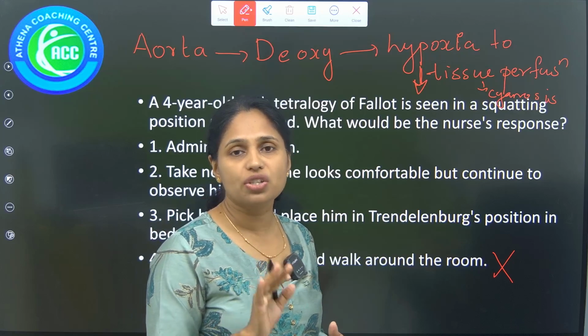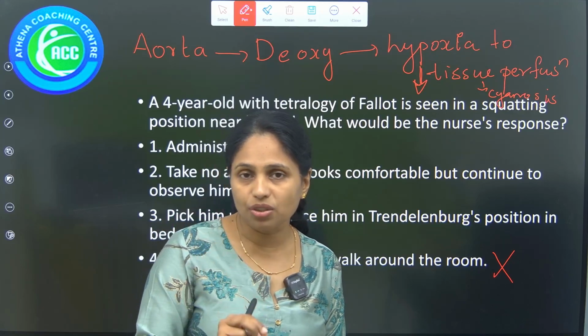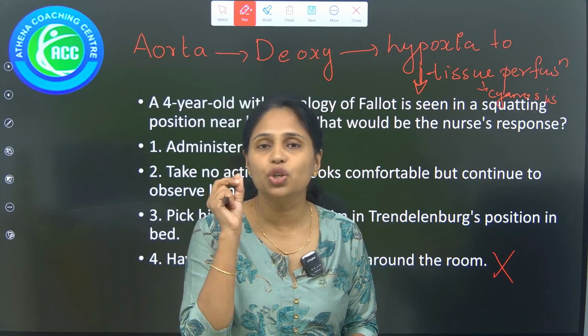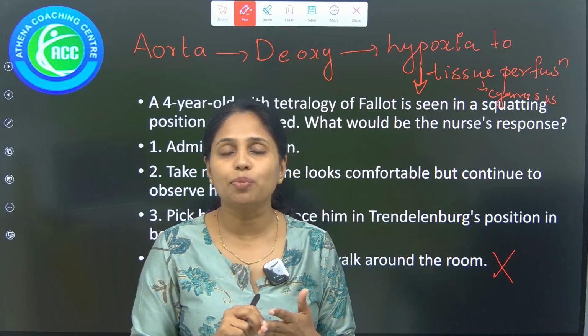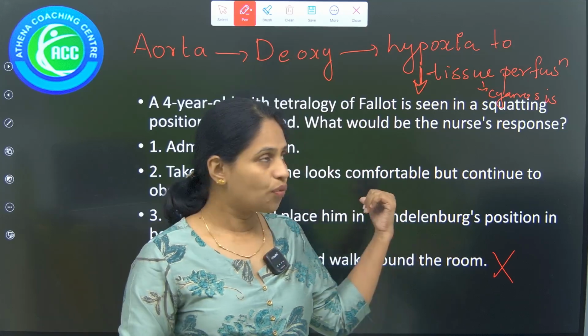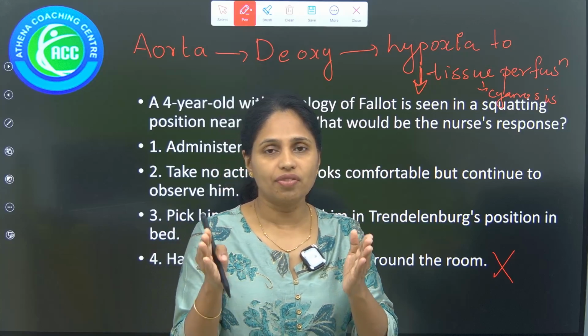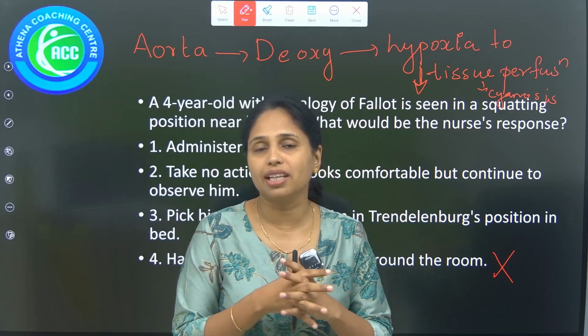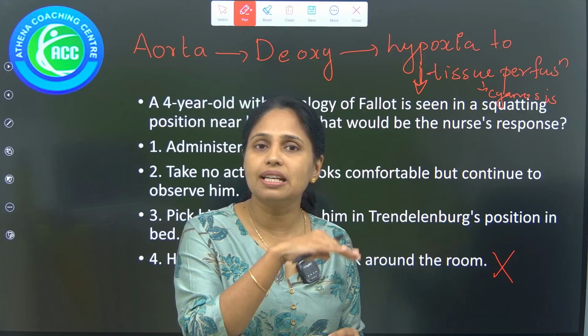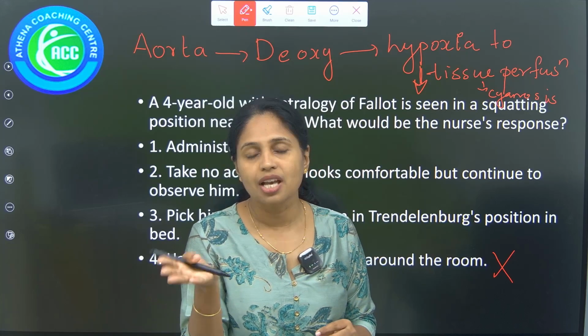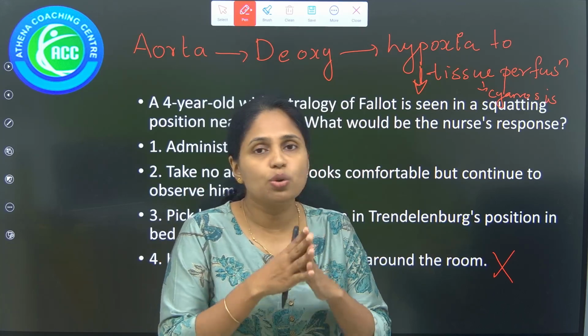Definitely administering oxygen is a better answer if you find any kind of hypoxic situation. So far the child is okay. We only saw the child in a squatting position, which is related to shunting. Okay. So what we need to do is, you don't do anything.